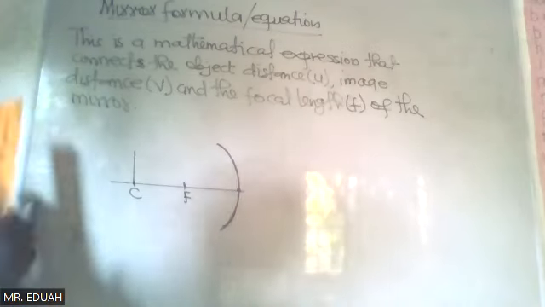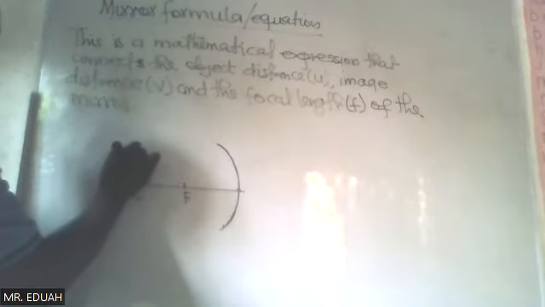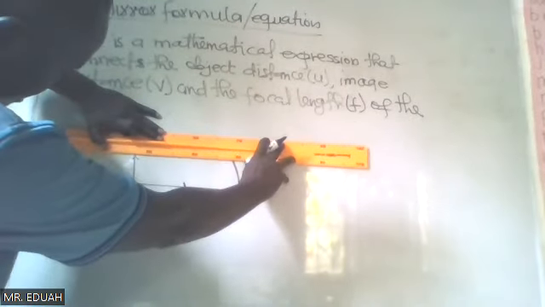My object is at the center of curvature C. So using ray diagrams, I want to get the position of the image.